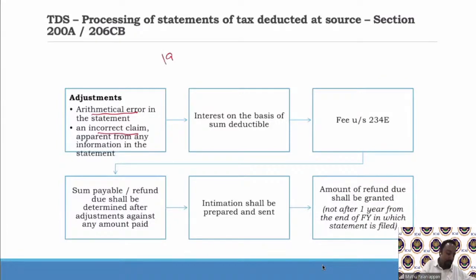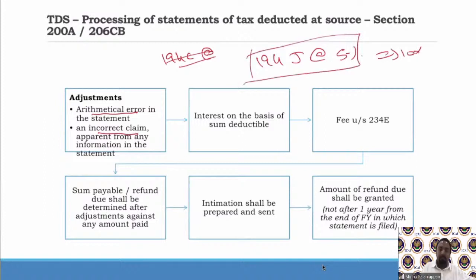For example, under 194J, if I have applied 5%, which is actually 10%, this is an incorrect claim, because I should have deducted 10%. For these incorrect claims and arithmetical errors, the department will analyze and calculate any interest that needs to be paid.